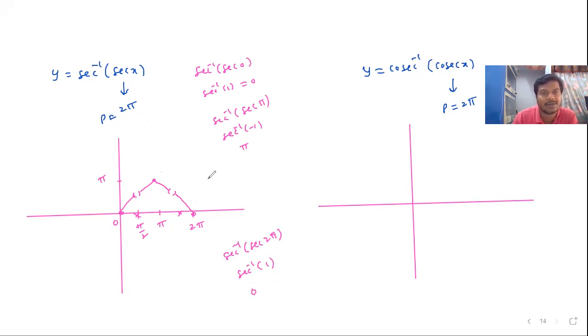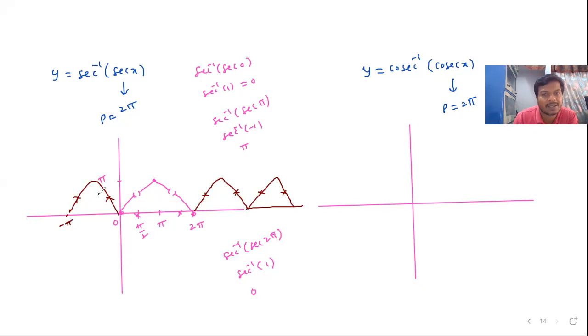So here it is 0. Now you can easily extend the graph in this way, except this part. Like that you can extend here also, except this part.